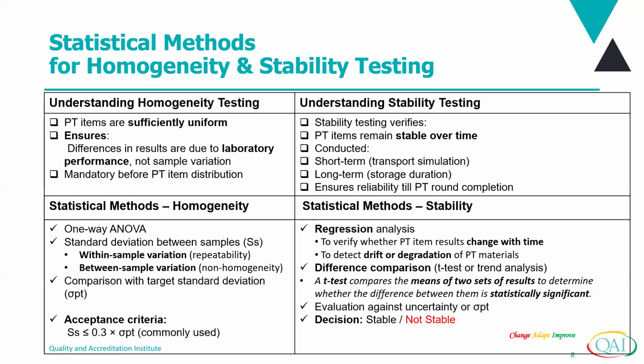Further, the understanding on homogeneity and stability is again the same, but here we have the addition of 2 columns, for the statistical method and stability.